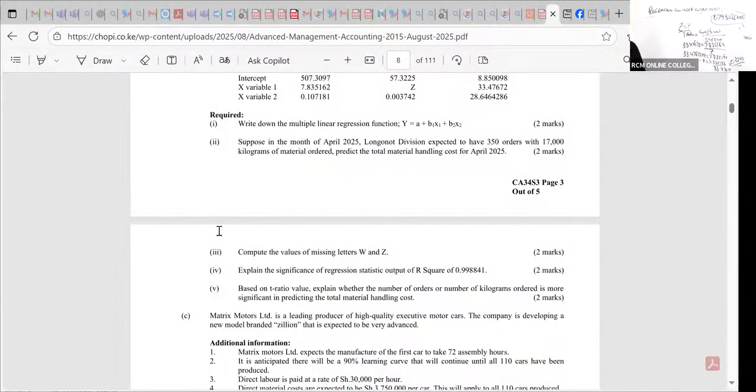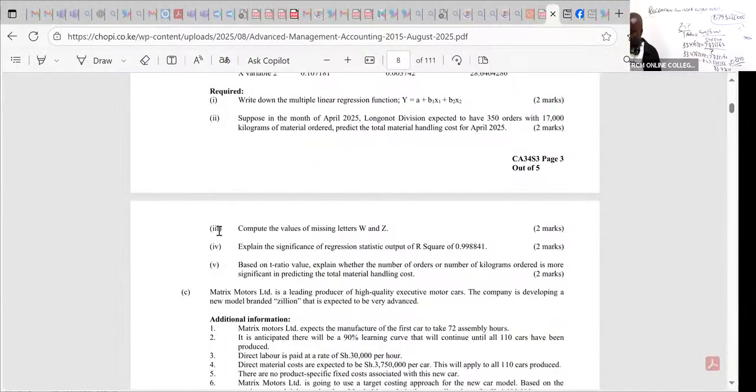So we continue. Question 4: explain the significance of the regression statistics output over R squared 0.99. Very easy, I will get all the marks. First of all I'll change it to percentage.